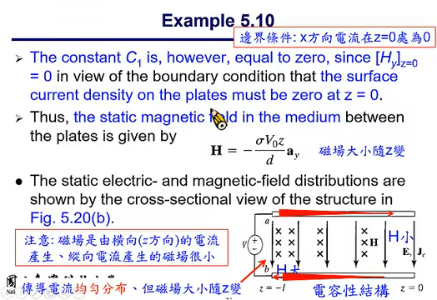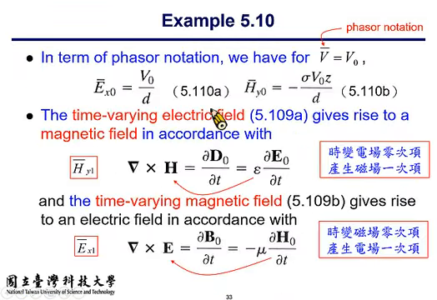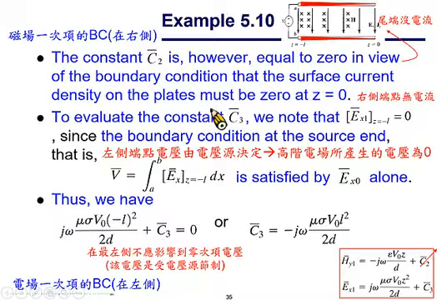All right, so by substituting the boundary condition for EX1 term, that is, if you take in the line integral on the left end, the voltage should be what? Should be 0 at the left end.